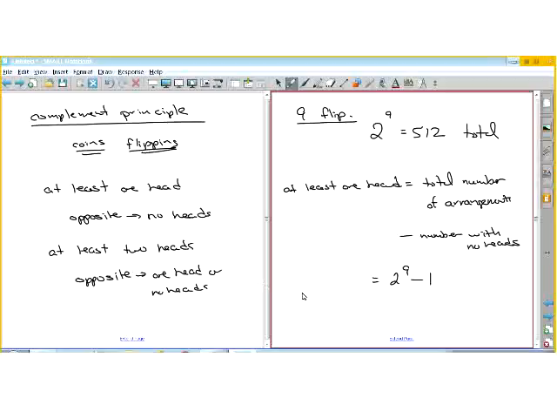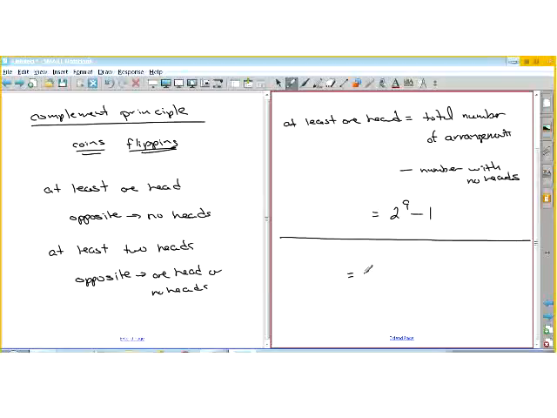If you had at least 2 heads, what would happen there is you would have 512 minus 1 again, because you have no heads again, and there are actually 9 cases where you have one head. So it's always that arrangement.